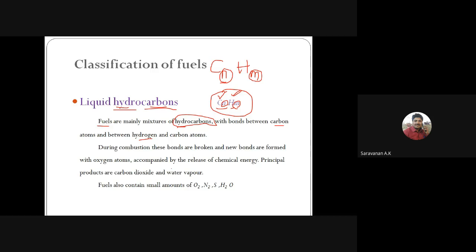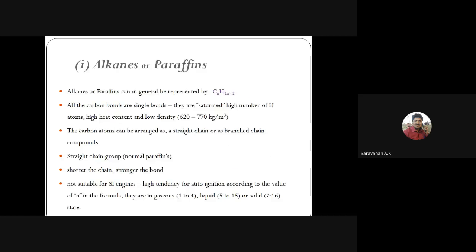It is accompanied by the release of chemical energy, right? Principally the products of combustion are carbon dioxide and water vapors. The fuels also contain oxygen, nitrogen, sulfur, and some water vapors in a small percentage, right? So in these liquid hydrocarbons, we have plenty of subdivisions, right?